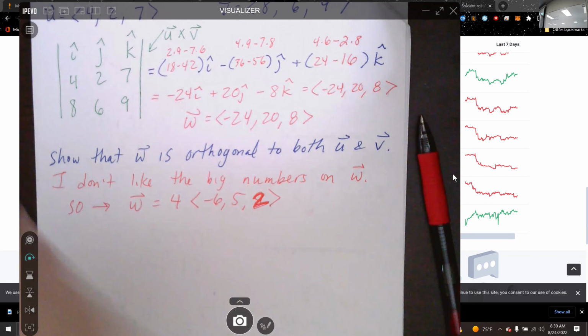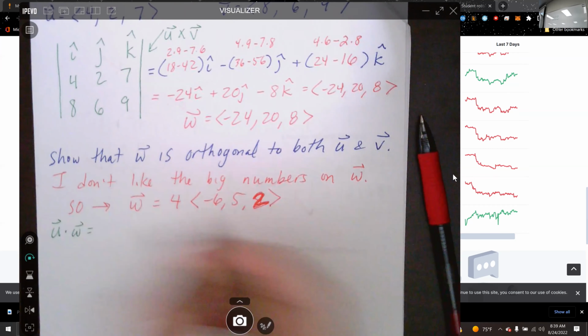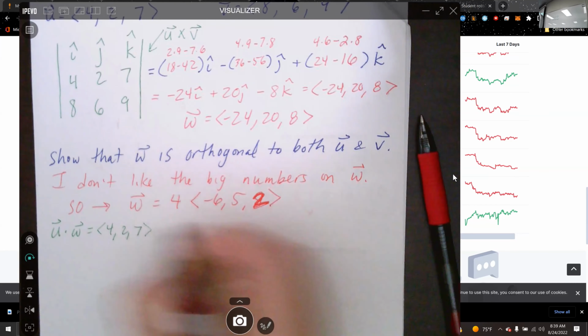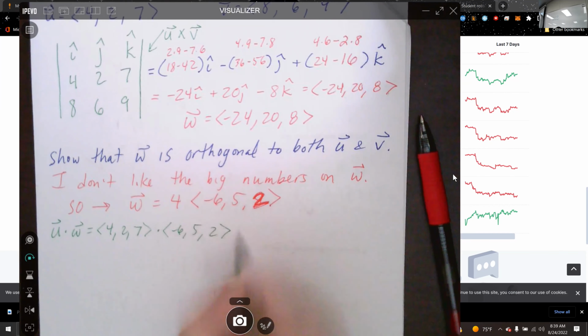Just to make sure that it's orthogonal, we would multiply W by either U or V, right? And assuming that we get 0 once we add them together, it's orthogonal.